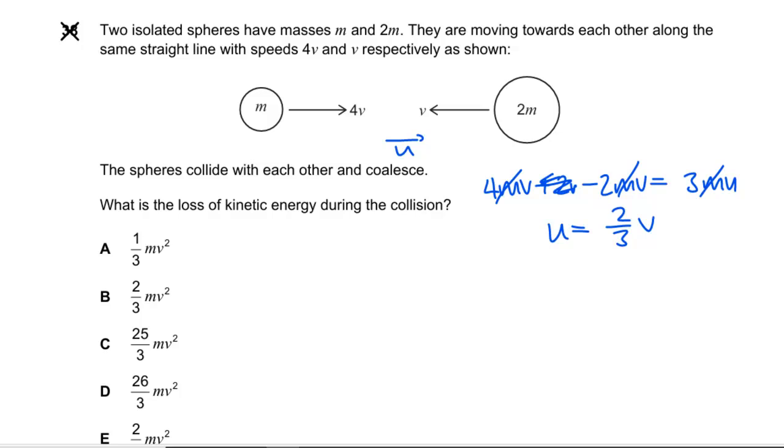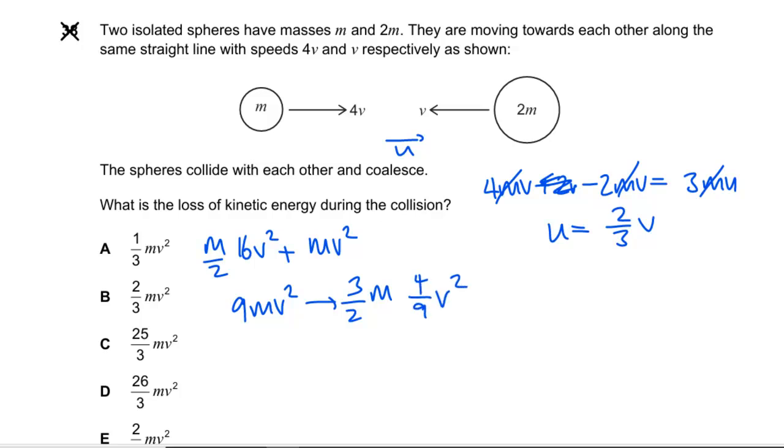So we've started off with m over 2 times 16v squared plus m times v squared. So that's 9mv squared. And we've gone to 3 over 2m times 4 over 9v squared. So we want the loss, we want the difference between these two things.